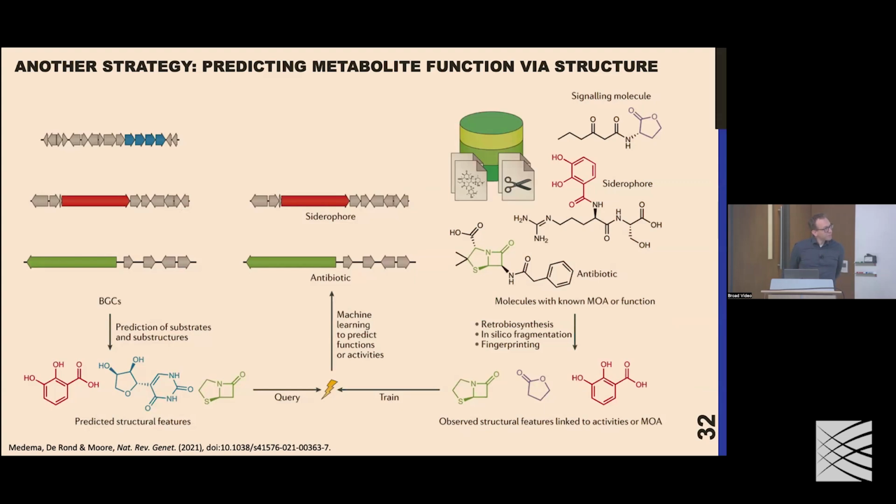And finally, one other strategy that we're using to predict function for these metabolic gene clusters is through prediction of the structures. Of course, there are many databases of bacterial metabolites and their chemical structures, often also associated with functional metadata like biological activities.